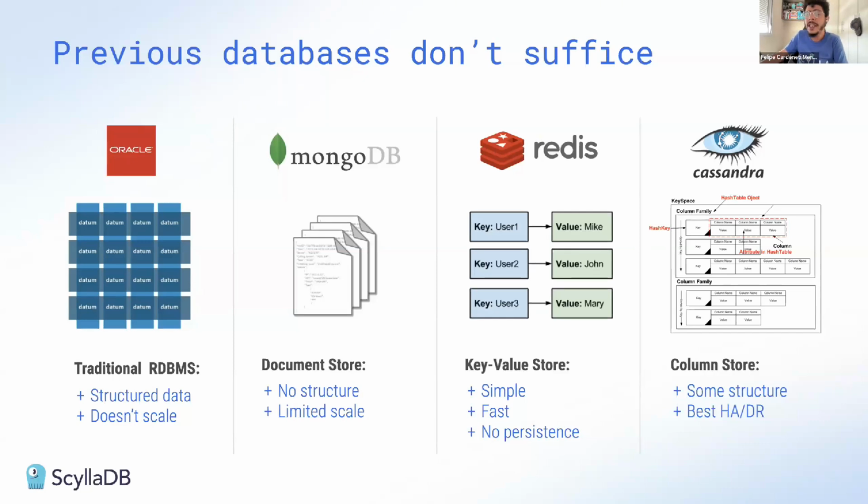Those databases are reasonable. They have great high availability. They support a rich set of data types. But as you scale, you will end up with either an insane deployment, which will be too hard or complex for you to manage, or it will cost you a fortune.